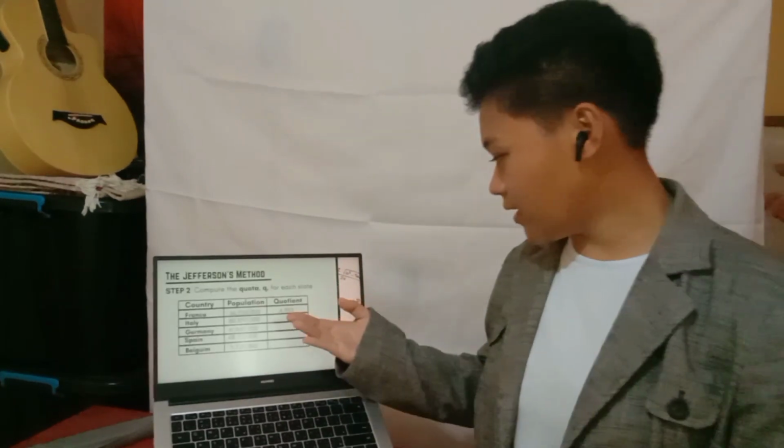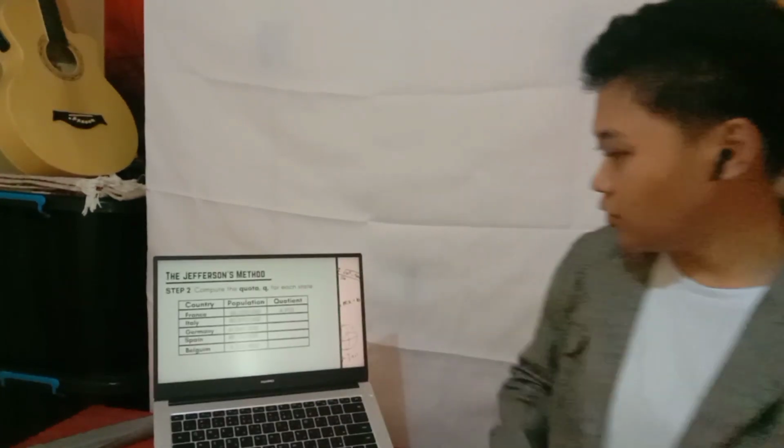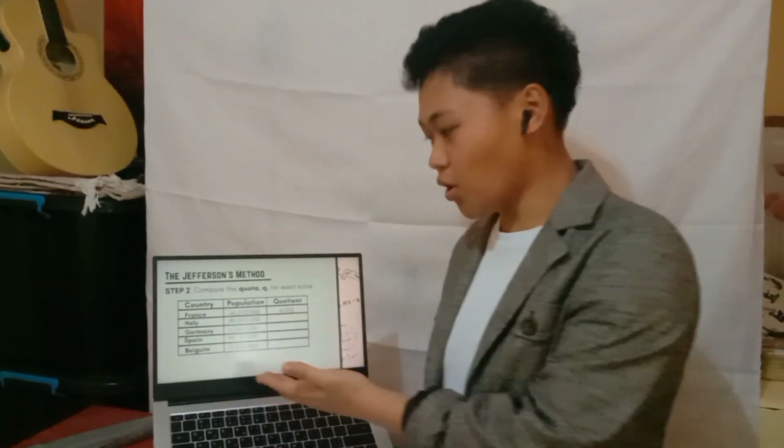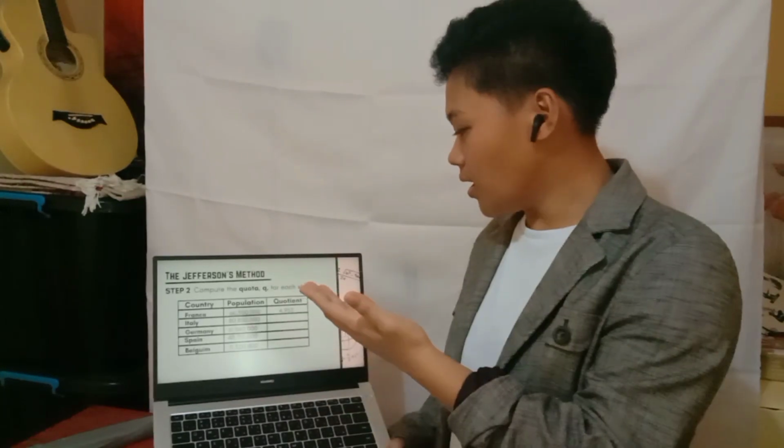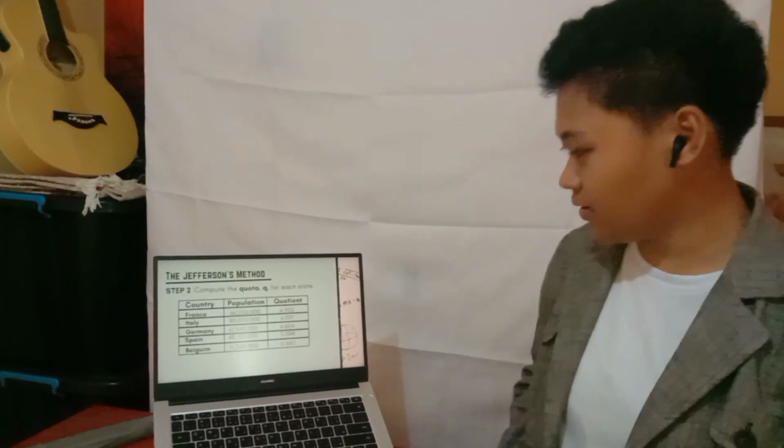The result is 4.953. We're going to do it for all of the countries. You're going to compute the population divided by the standard divisor. So here are all the results.